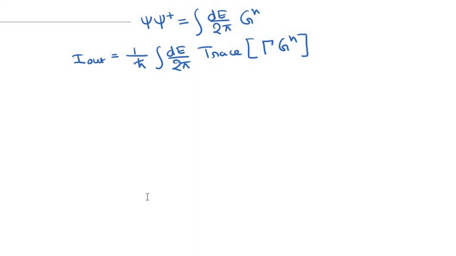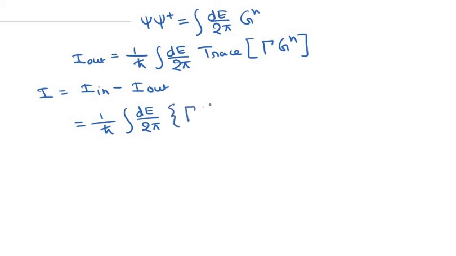Okay. So the total current flow is therefore given by I equals I in minus I out, which is equal to 1 by h bar integral of dE by 2 pi, and then multiplied by gamma A times F0.